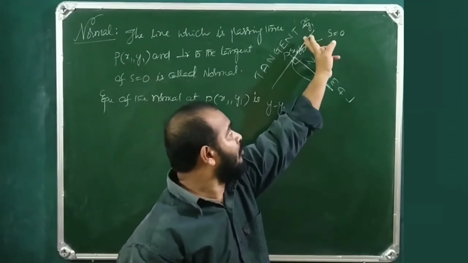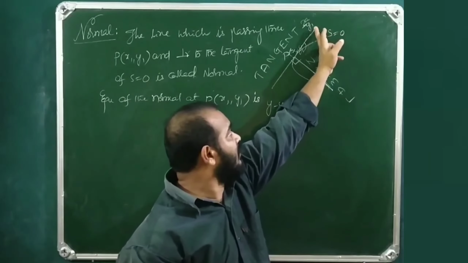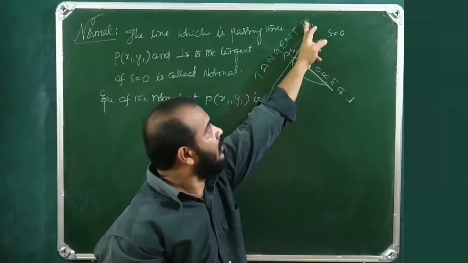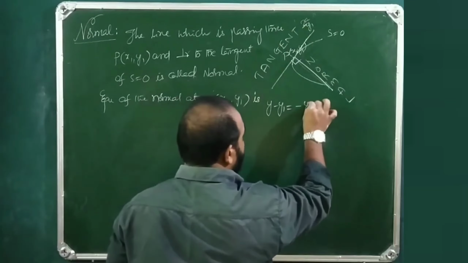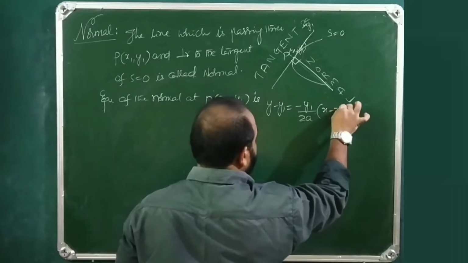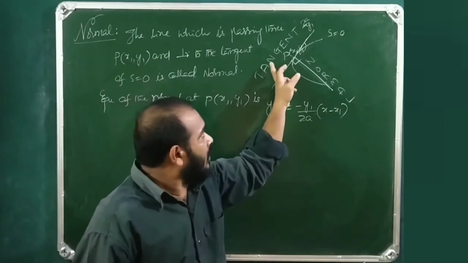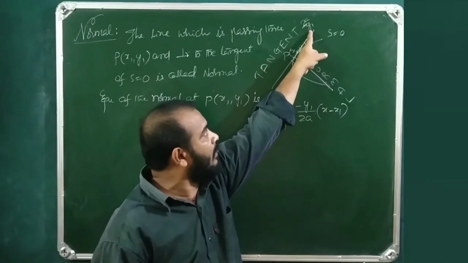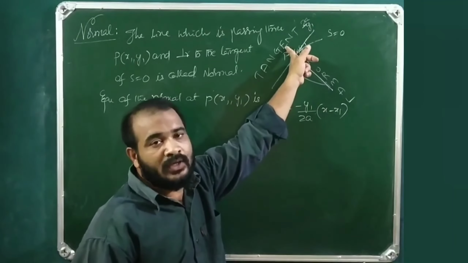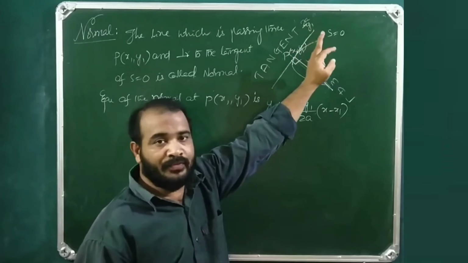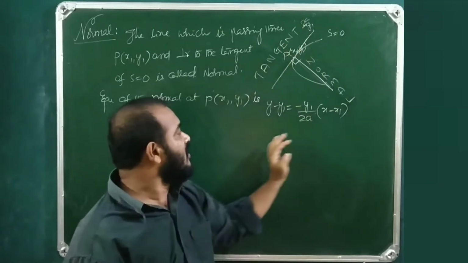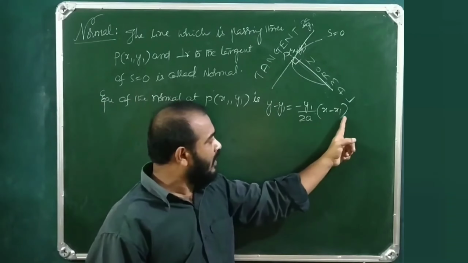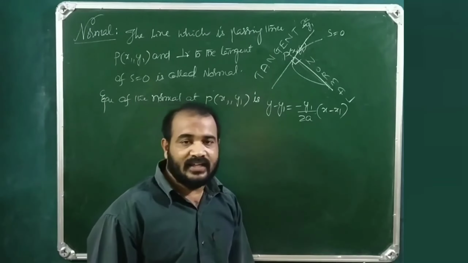Just now we have proved this. And what is the slope of a normal? Since the tangent and normal are perpendicular to each other, if 2a by y1 is the slope of the tangent, its perpendicular slope you get by reversing it and changing the sign. Therefore, the equation of the normal at P(x1, y1) is y minus y1 equals minus y1 by 2a into x minus x1.